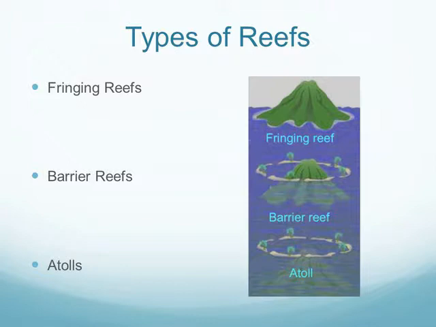You can see that primarily in Australia with the Great Barrier Reef and some other places too. And then you can see atolls. Atolls are what's left behind once the island completely sinks, and so you still have the coral reef there, and it basically shows like a footprint of what the island used to be like.